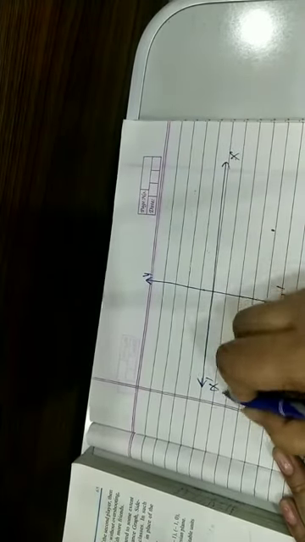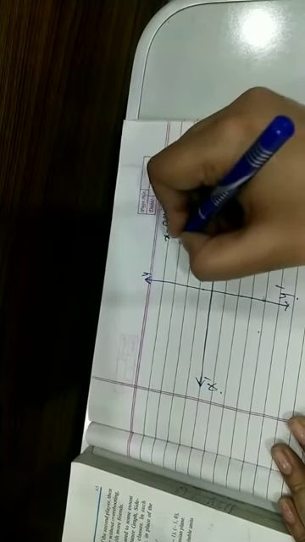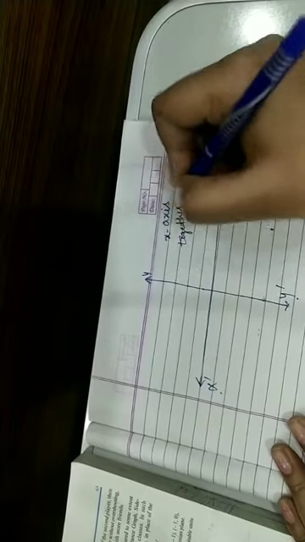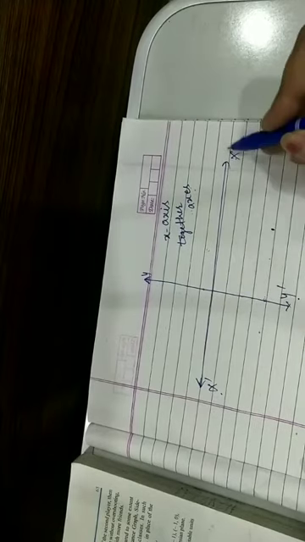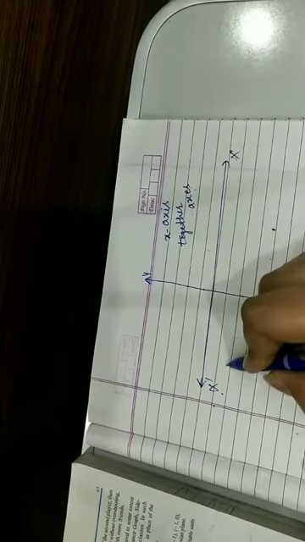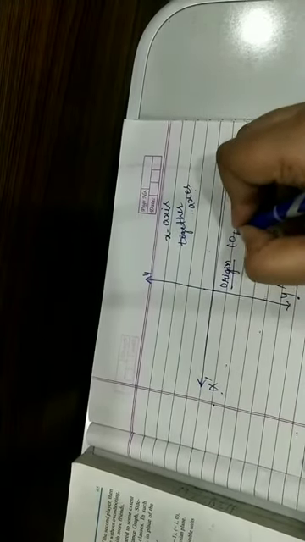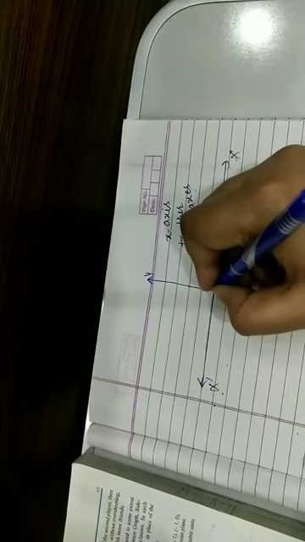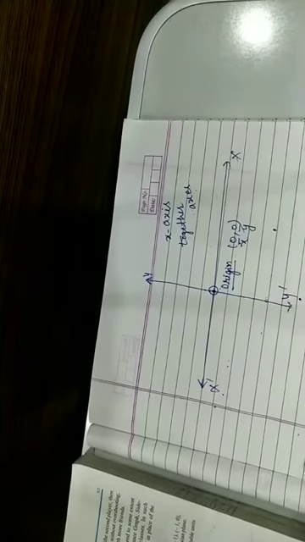This is the x axis, this is the y axis, x dash, y dash. In singular we call it an axis; together in plural form they are called axes. The horizontal line is called the x axis and the vertical line is called the y axis. Where the two lines meet is called the origin, and the coordinates of the origin are 0, 0, because both x and y are 0 here.